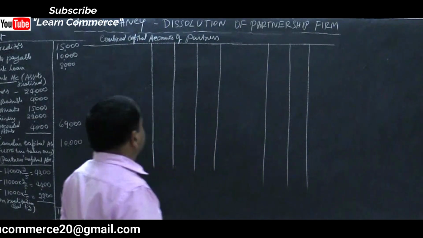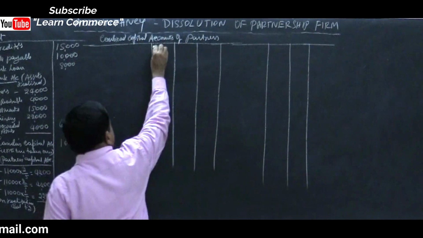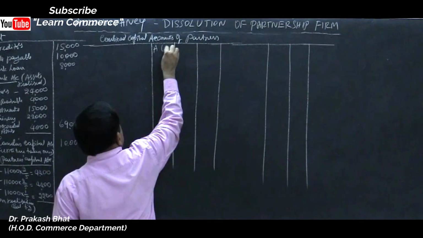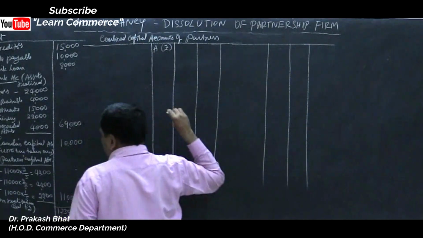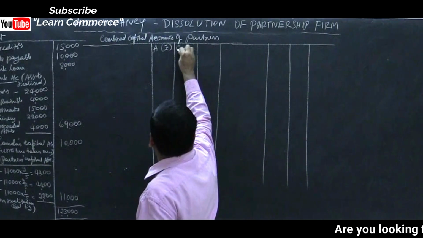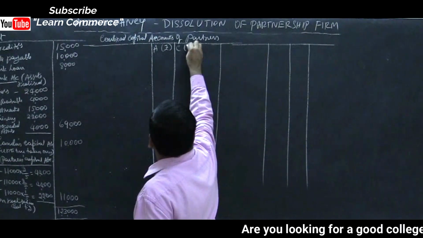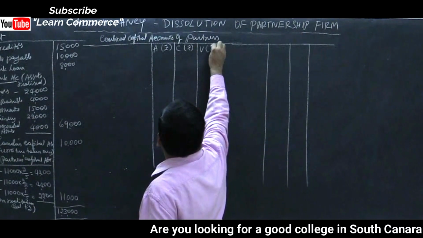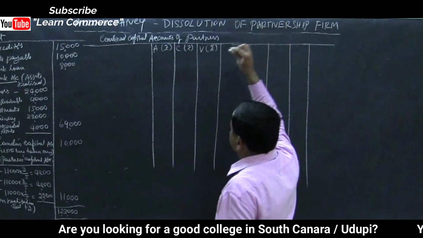Write debit, credit. Write the names of the partners in full: Anand, Chandu and Vijay. Particulars.